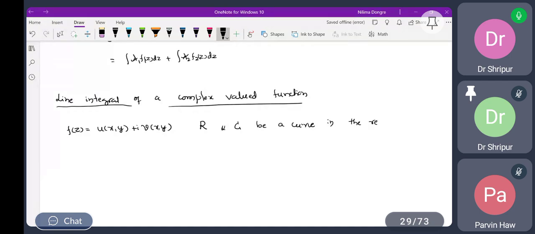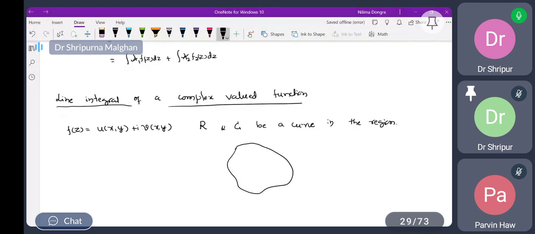That means here we have a region, right? Inside this region we have a curve which is defined. This is our C, inside the region, that is capital R here.